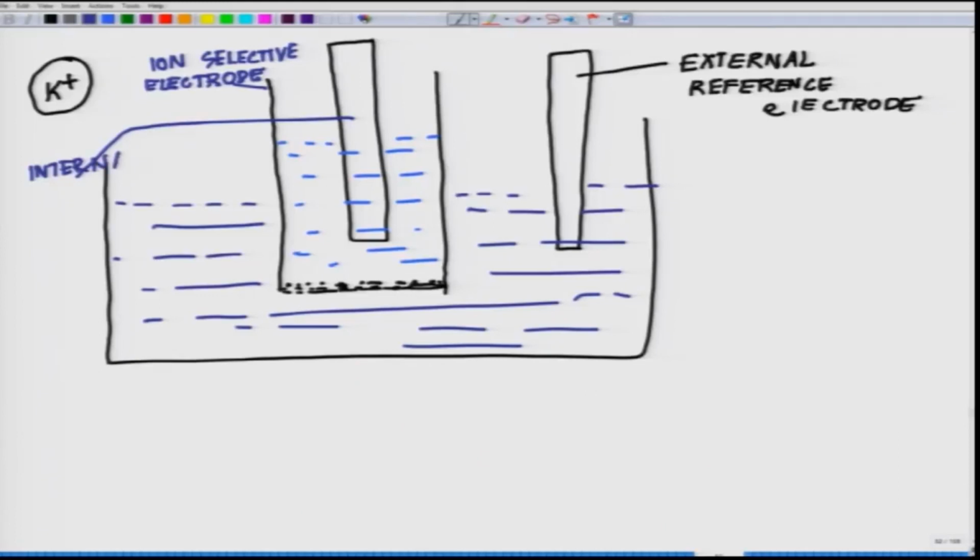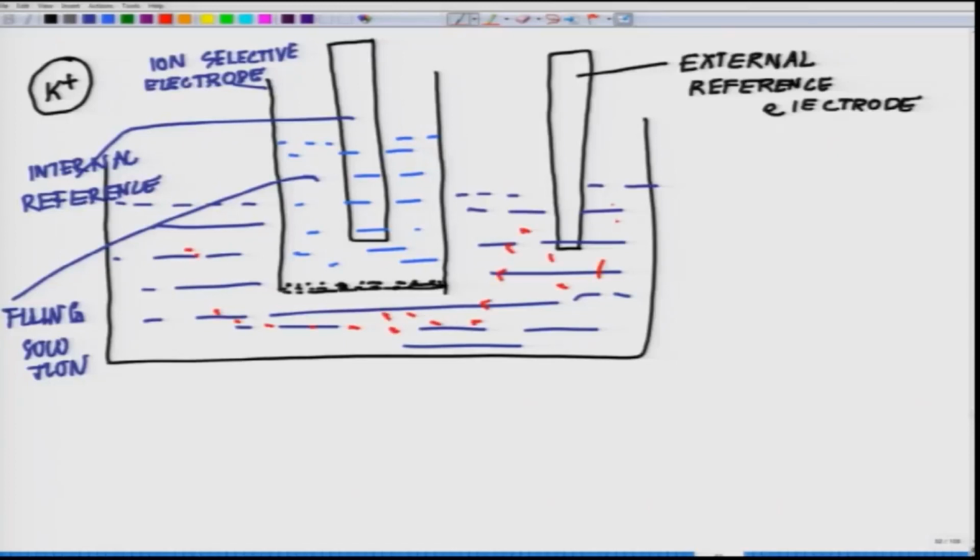So, you realize there are different kinds of references you have to put: the internal reference out there, and this is the filling solution inside, and outside is where you have the analyte present. This is where your analyte will change its concentration, and this part, which is the most critical part, is your ion selective membrane.